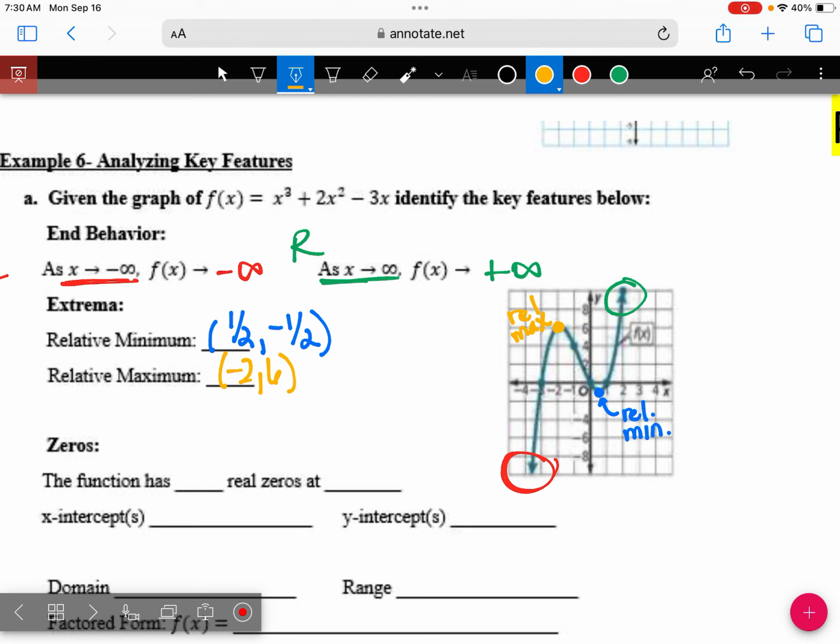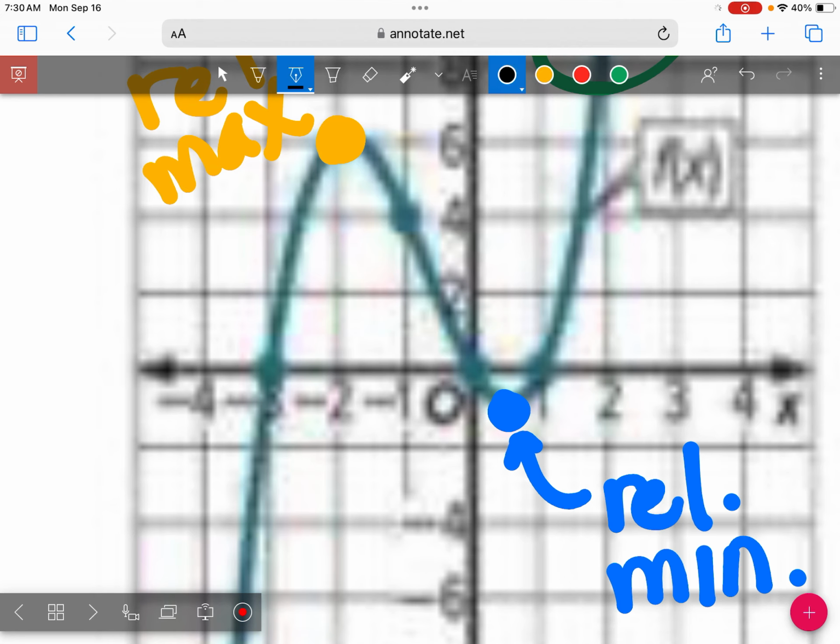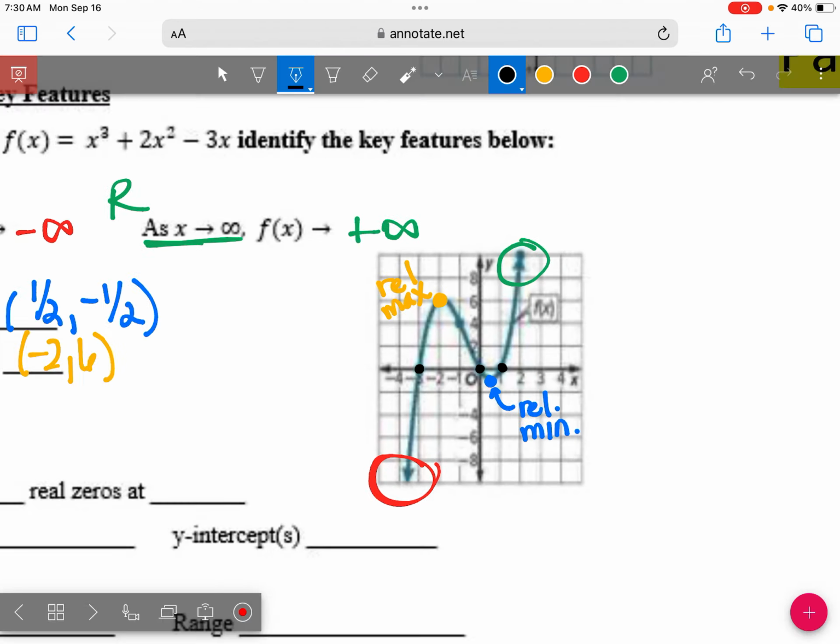So how many real zeros do we have? How many times does this graph go through the x-axis? Let me zoom in. It crosses here, here, and here. So it crosses at -3, 0, and 1.